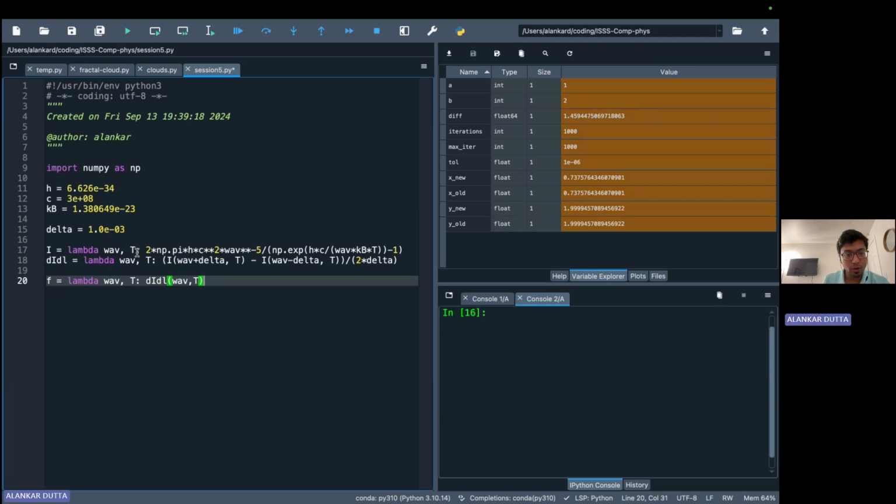That is where we want to find out at what wavelength this becomes 0 at different temperatures.